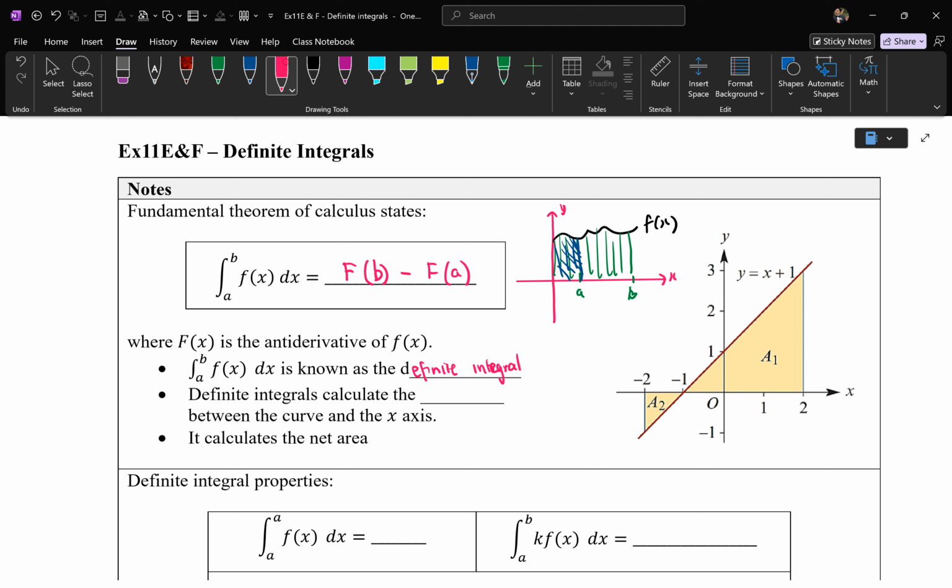Definite integrals calculate the area between those 2 points under the curve, and it calculates what we call the net area. This means there is a positive or negative, and it's different to total area.